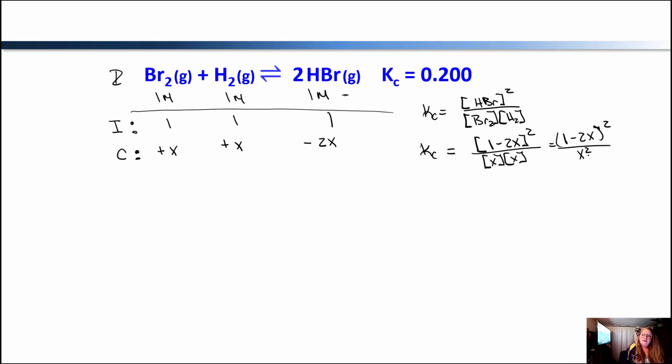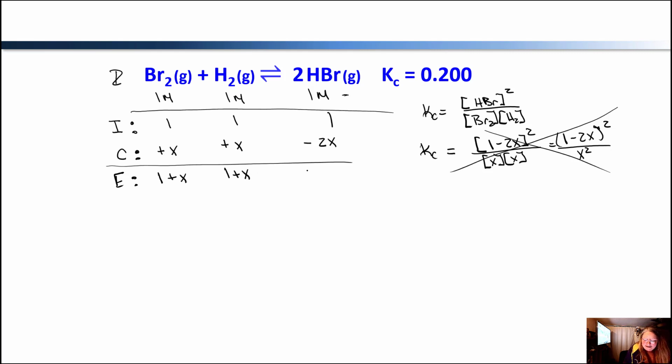And remember, the trick that I showed you before is, oh dear, I'm glad I made that mistake, because you get sucked into forgetting. What did I do wrong here? I skipped a step and then convinced myself that I was starting with 0 when I'm not. My equilibrium concentrations are 1 plus x and 1 plus x and 1 minus 2x.